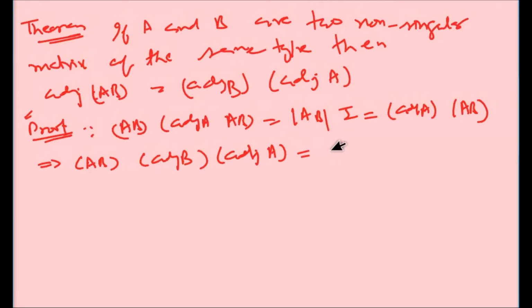Now we can write this as A into B adjoint B adjoint A, this bracket. Okay, understand?